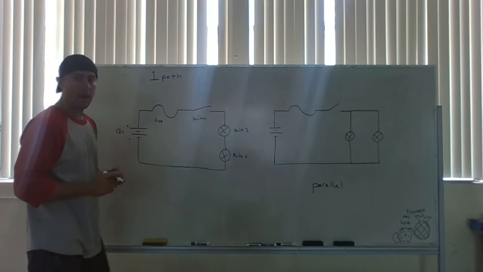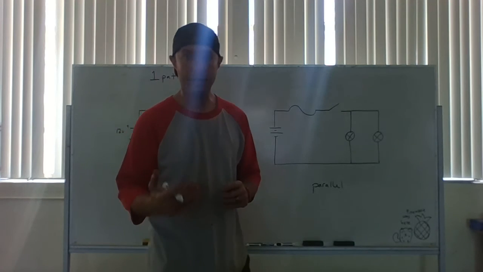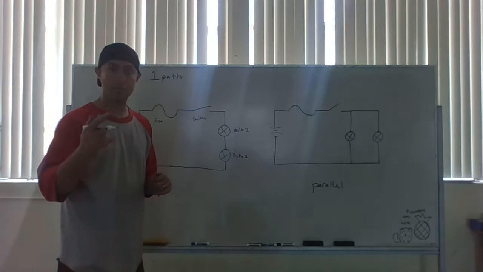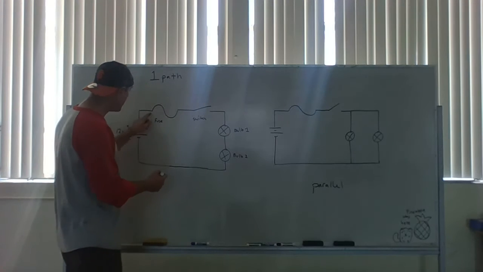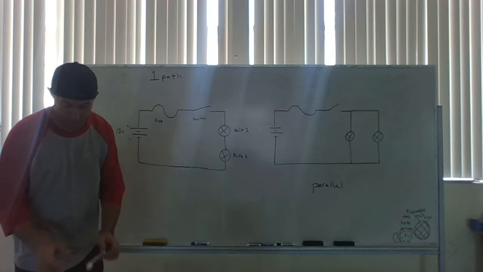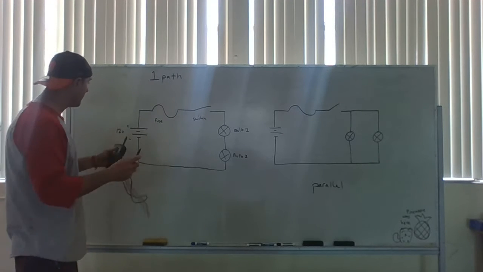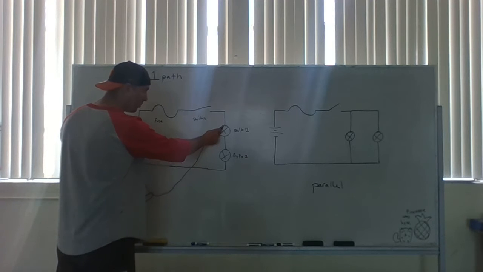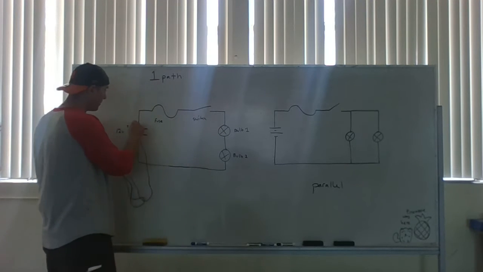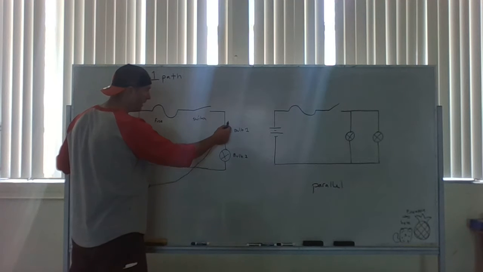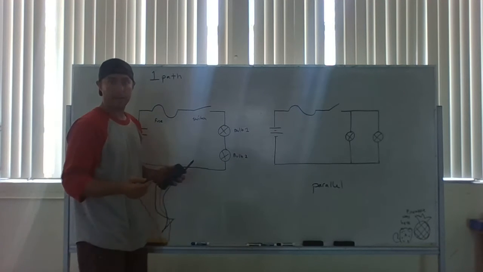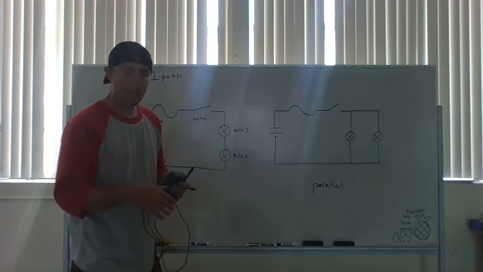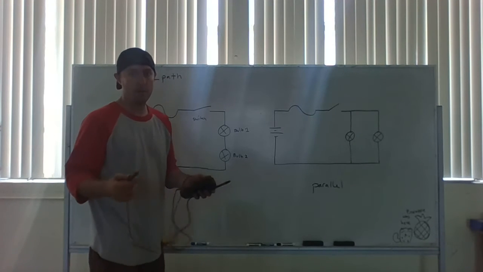Now, what will happen with those bulbs, since they're the exact same bulb, and I have two of them? As I'm taking my measurements, I've got my meter out, testing certain parts of my circuit. I expect 12 volts to be right here. This is the power supply part of my circuit. The fuse is not going to use any voltage, maybe like 0.01, very little, if anything at all. The switch is not going to use any voltage.